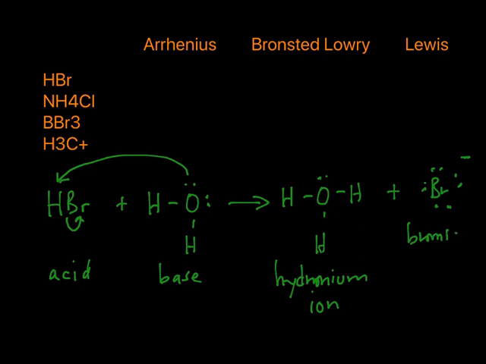So this is the bromide anion because it has a negative charge. So here we have our hydronium, which has a positive charge. So this is what hydrobromic acid does in solution with water. So does it, number 1 for Arrhenius, does it produce a proton?